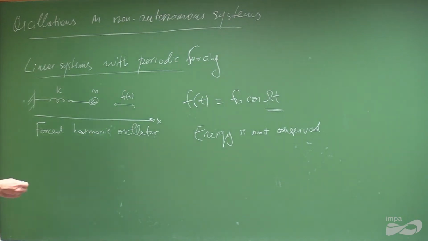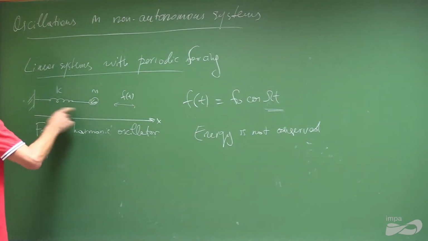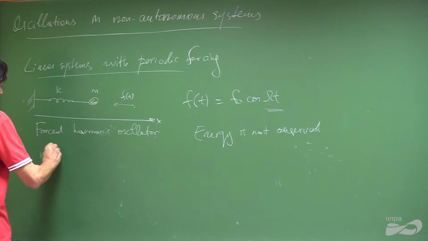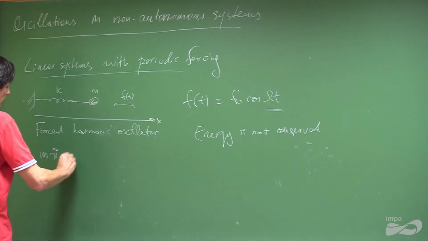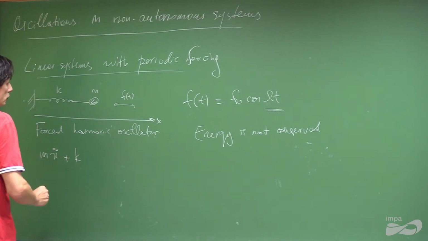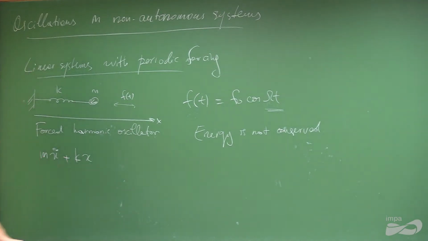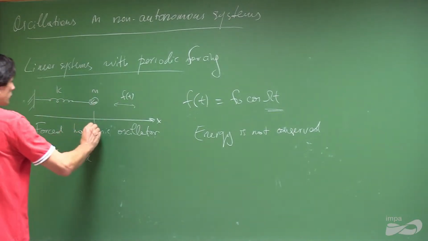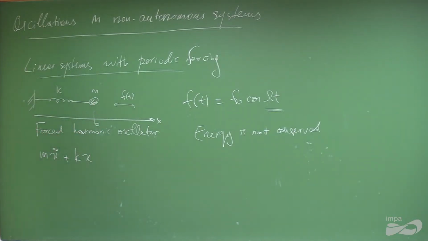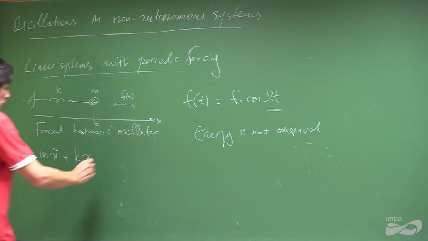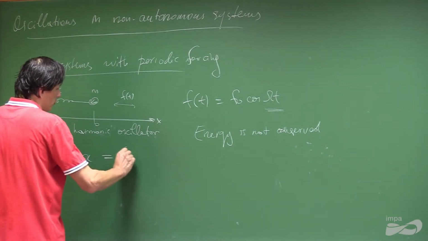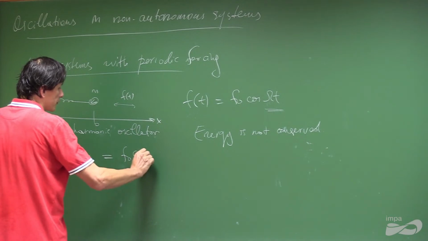And the equation of motion, we know what it is. The equation of motion of a spring is mass times acceleration plus the elastic constant of the spring times x, where x is computed from the equilibrium, and then the force you put on the right hand side as usual.